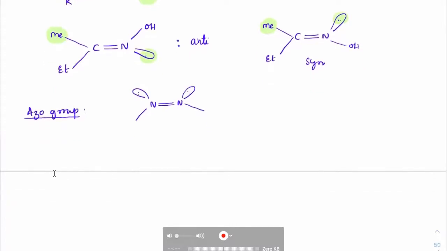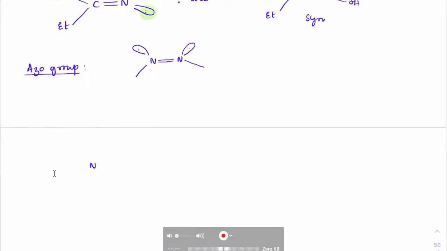In azo form, if you have to compare, you have N double bond N, one lone pair here, one lone pair here, and any R and R group here, correct? You can either compare lone pairs or R groups, that's all. If both lone pairs are on the opposite side, what do we call them? Anti.